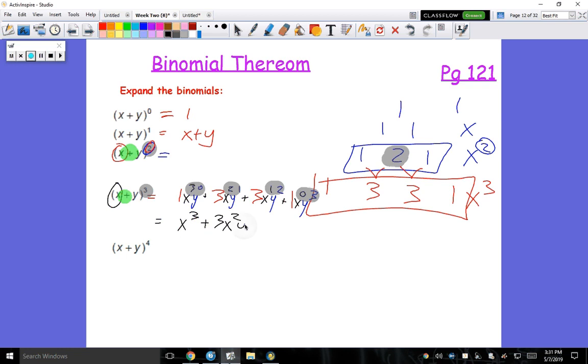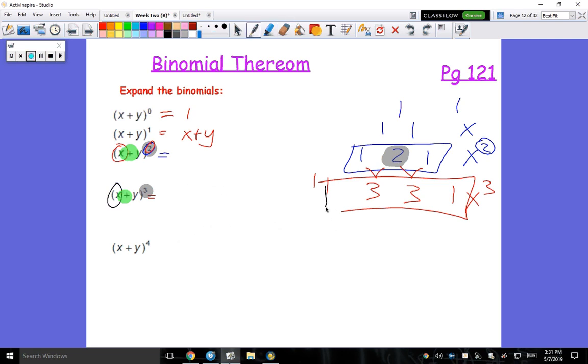Yep, 3x squared y. Good. Plus y cubed. Done. Because x to the 0 and y to the 0 become what, guys? 1. Okay. X to the fourth. One last thing, and then I'll show you the actual equation for the binomial theorem. And that's it. That's a wrap.